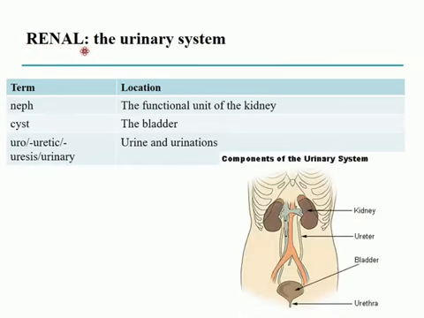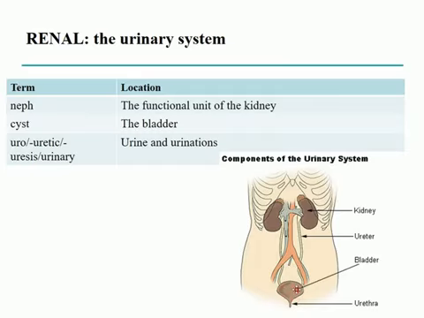Renal relates to the urinary system. Neph is the functional unit of the kidney, and each individual unit of the kidney is called a nephron. And if the kidney is inflamed, we say nephritis. The bladder, we use the word cyst.